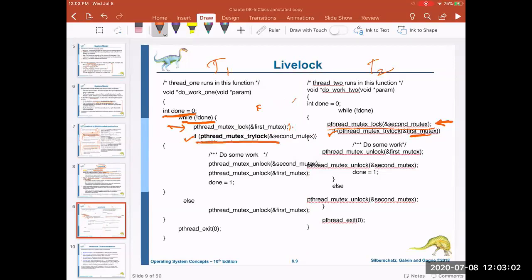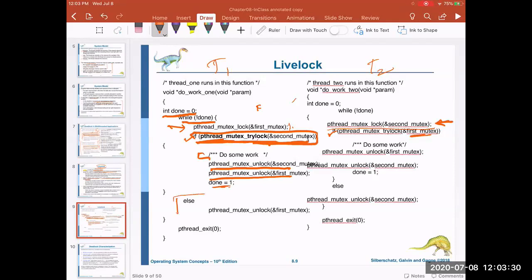Once it is acquired, it will do some part and then unlock the second, then unlock the first, and it is done. If this is not happening, the else part applies: if the try lock is failing and it keeps trying.